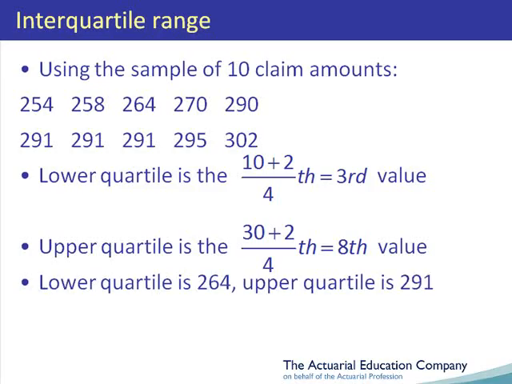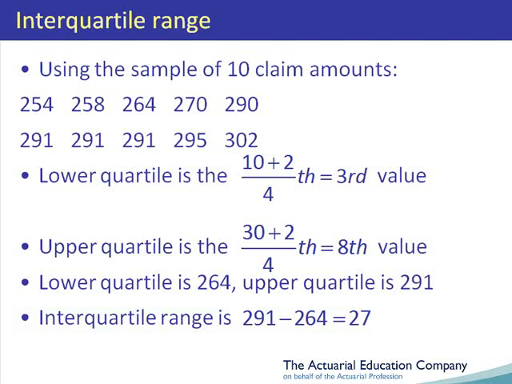So here the lower quartile is 264 and the upper quartile is 291. The interquartile range is defined to be the upper quartile minus the lower quartile. In this case, we get 291 minus 264, which is 27. This is the interquartile range for this sample.